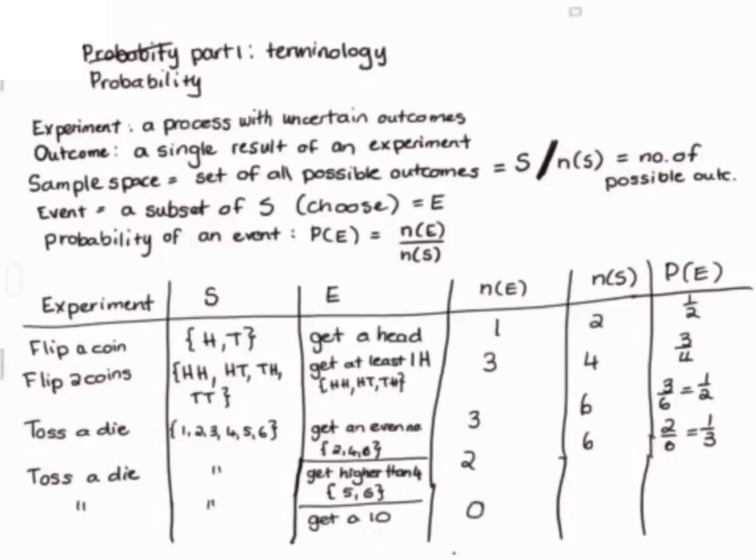Well, there are no 10s on a die. This is still 6. 0 out of 6 is 0. Right? So, what am I saying? If I toss a die, the chances of it landing on a 10, and it's a 6-sided die, is absolutely 0.